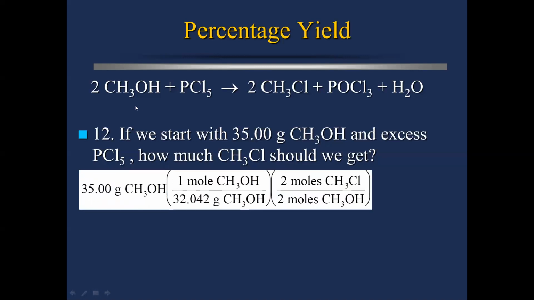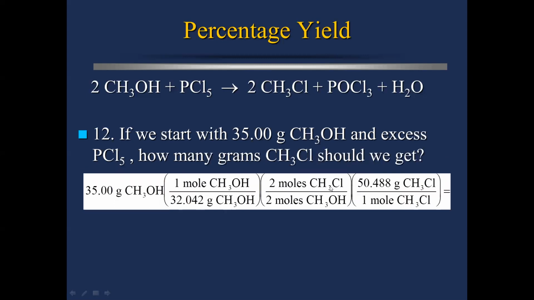From the equation, 2 moles of methanol produce 2 moles of chloromethane, a 2 to 2 relationship. So I already know how many moles of chloromethane, and then I use the molar mass of CH3Cl.